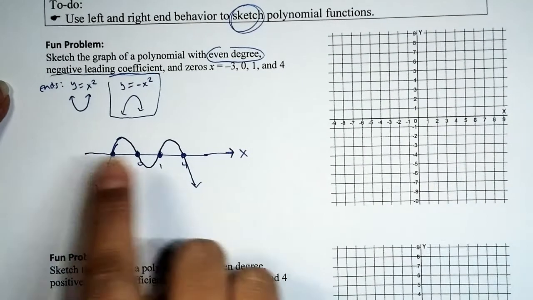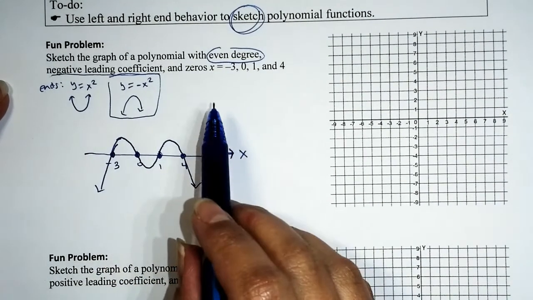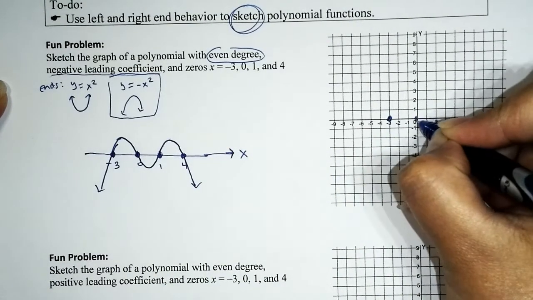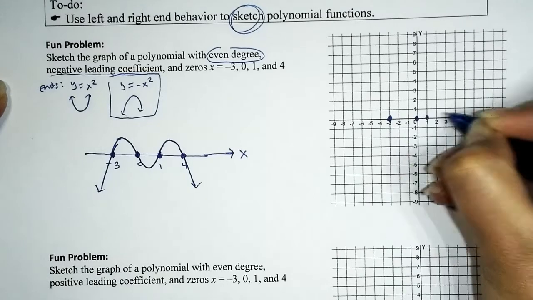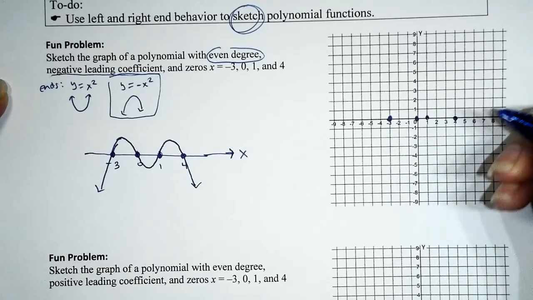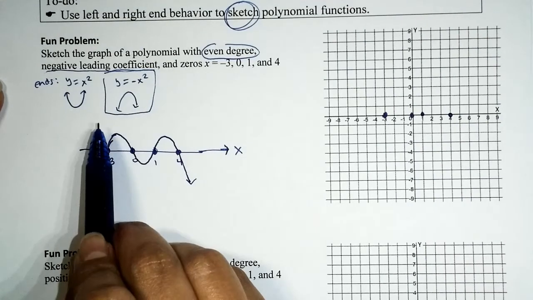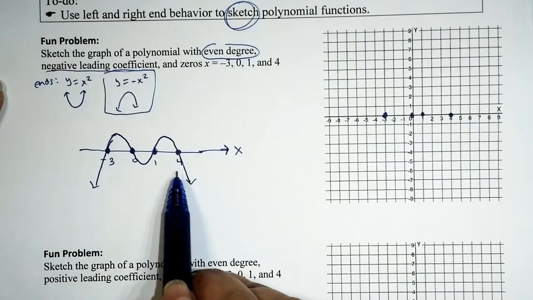So this is like our scratch area. Let's locate these zeros: -3, 0, 1, and 4. And then let's copy our results. We're going to start going up and then go up and down until we hit all our zeros.